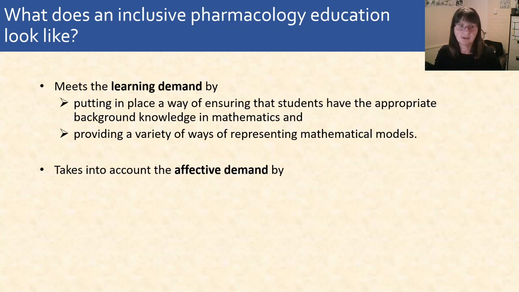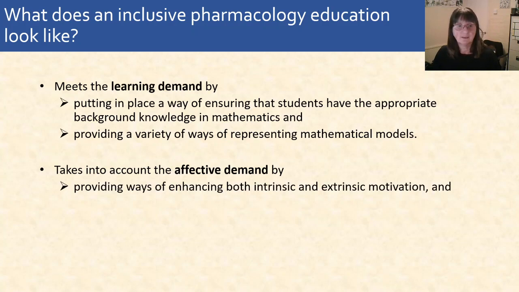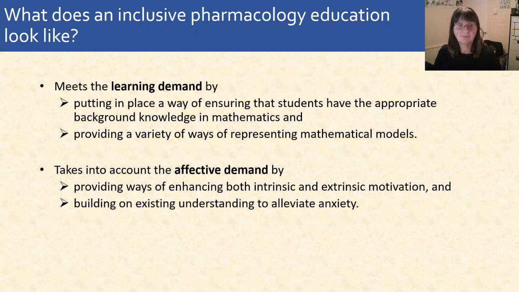We should also take into account effective demand, and I haven't really talked about that much today, but it's very important. I think we need to provide ways of enhancing intrinsic and extrinsic motivation. Some of that is just done by the fact that we're talking about maths in a biological context. And we need to build on their existing understanding, take them from where they are to where we want them to be. And that is the way to build their confidence and to alleviate the anxiety.